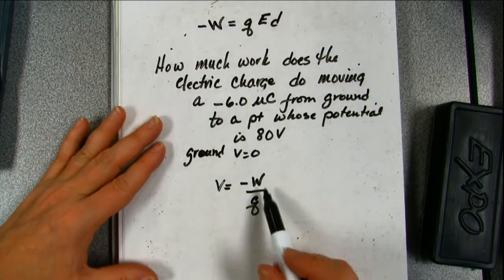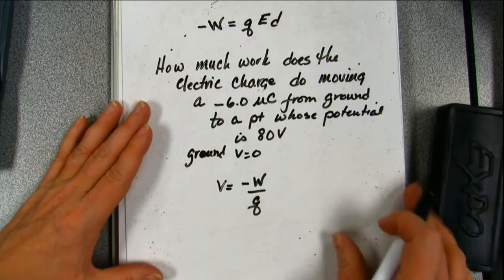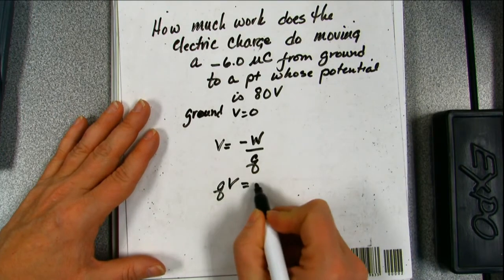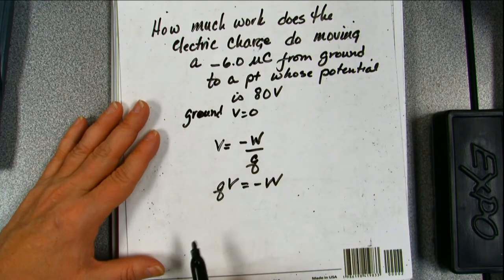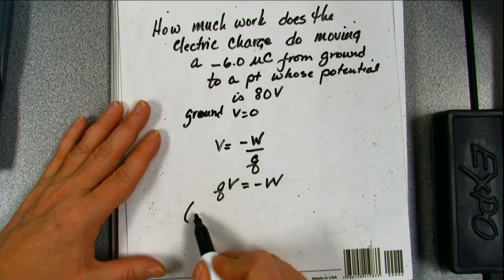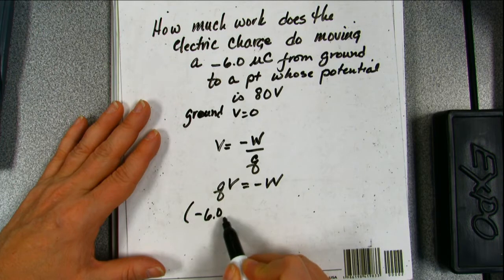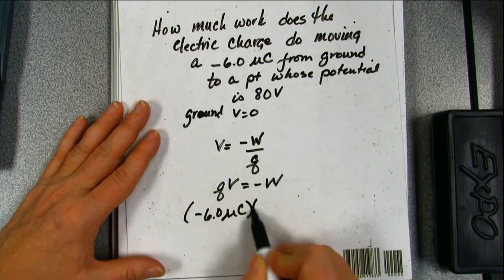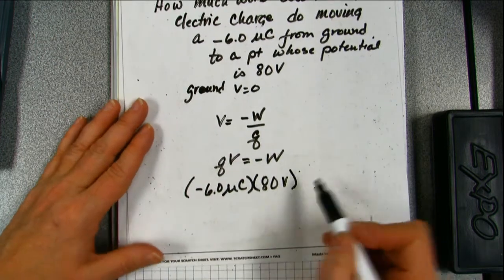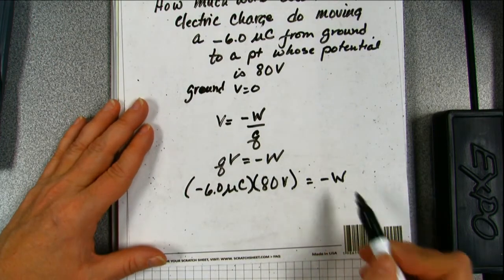But if I do this, negative work is QV. Our charge is negative 6.0 microcoulombs. Our change in potential is 80 volts, and that's going to equal my negative work.